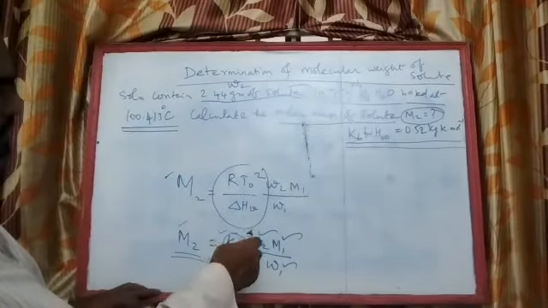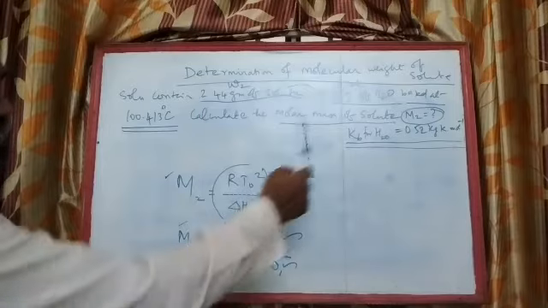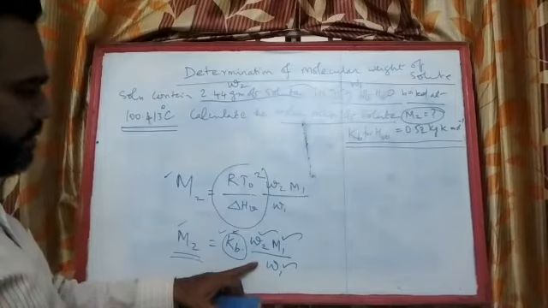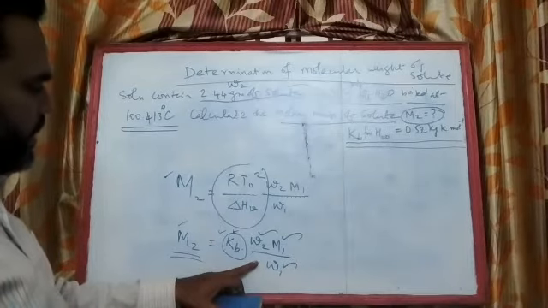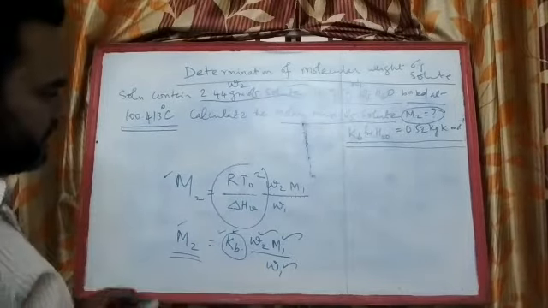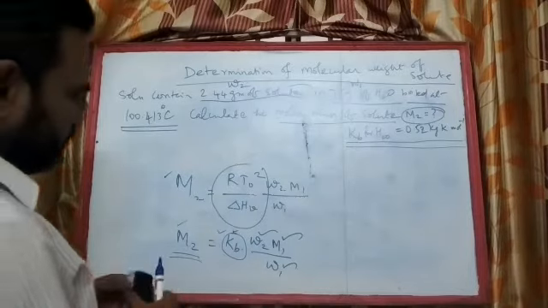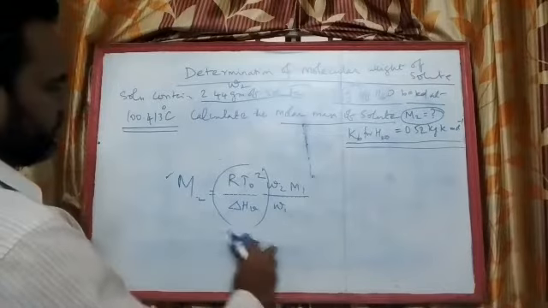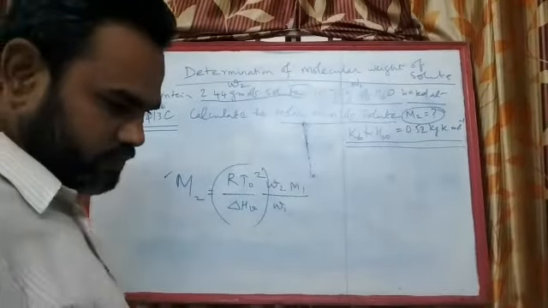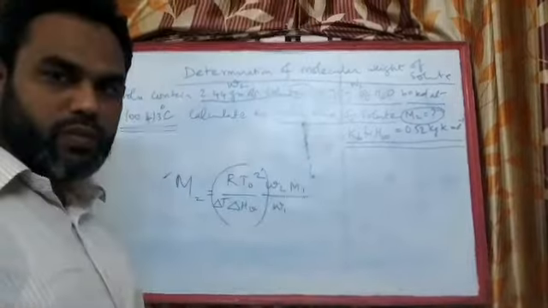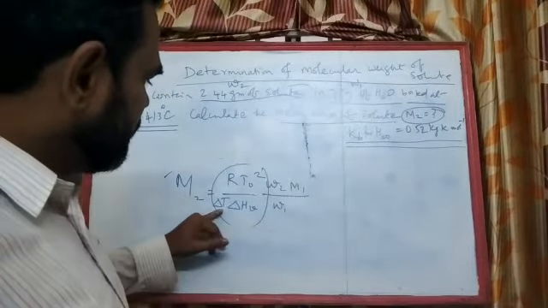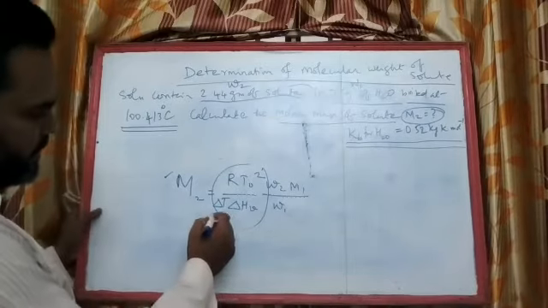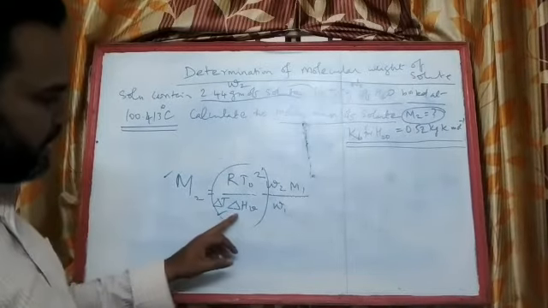So how to solve this problem? Kb is directly given as 0.52 kilogram Kelvin per mole. The remaining parameter we have to find is delta T. I have made a small mistake here, and I have corrected it. Delta T has to come here, in place of delta HV.